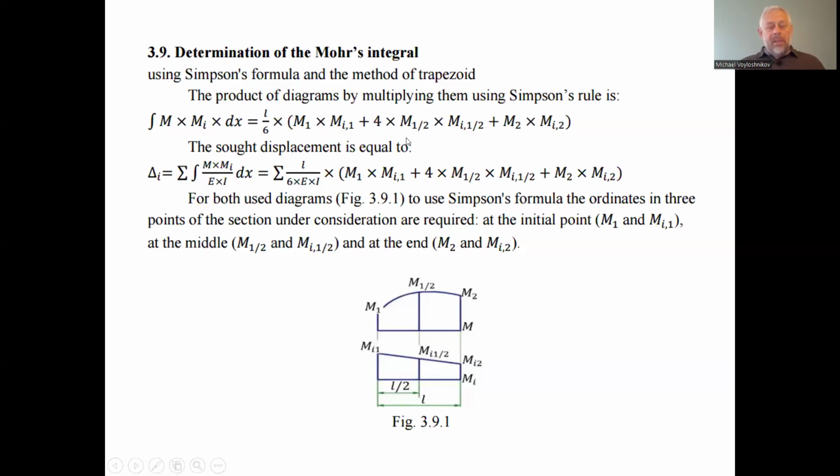The second summand is the factor 4 multiplied by the magnitude of the diagram of bending moment of the element of the mechanical system under the action of the external load, and multiplied by the magnitude of the diagram of bending moment of the considered element under the action of the unit force applied to the assigned point of the mechanical system, at which point we have to find the displacement.